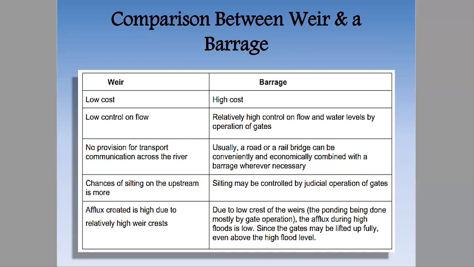But in the case of a barrage, we can remove the settled particles by just operating gates. If there is deposition or accumulation of particles, then we can open the bottommost gate, and it can allow the removal of silted materials.